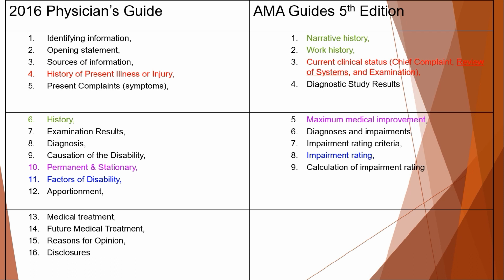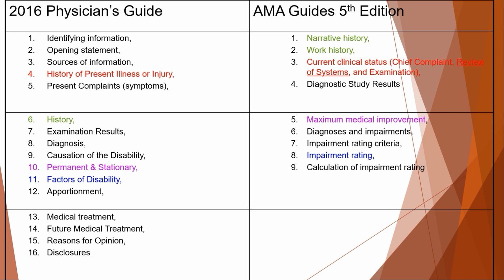In California Workers' Compensation, we talk about permanent and stationary, whereas the AMA Guides refer to maximum medical improvement. Those are separate and distinct issues, but they're closely related, and I'll show you how we hybridize and combine those two ideas into one section of our report.